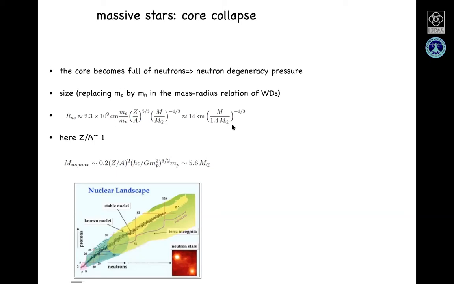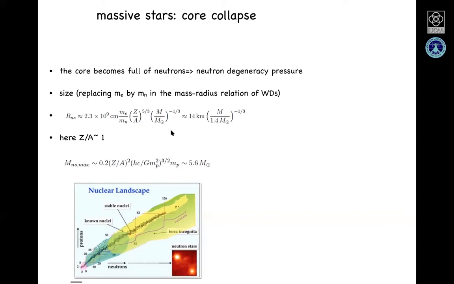Also, the equation of state is uncertain here, because you're talking about matter at nuclear density, which is not known. With all this uncertainty, the radius is decreased to about 10 kilometers. But it's still a matter of research, because we don't know the nuclear equation of state.